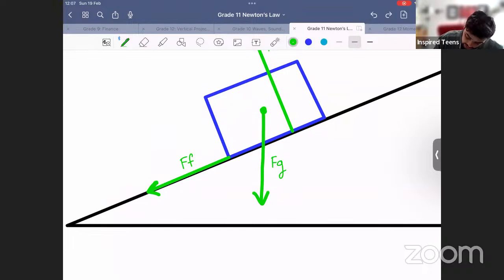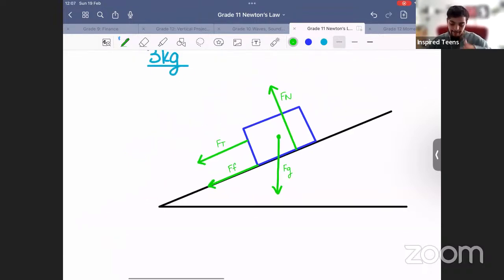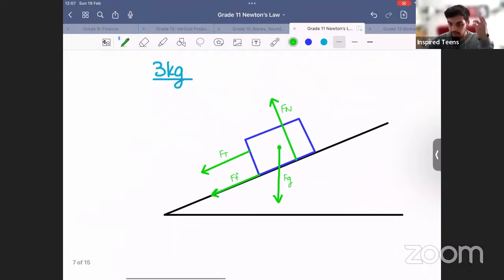I'm just going to make it the same size as friction just so it looks nicer, not for its magnitude. Call this F tension. It's not perfect, but life is not perfect.